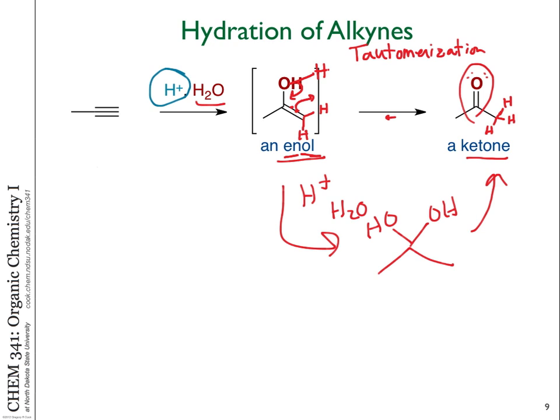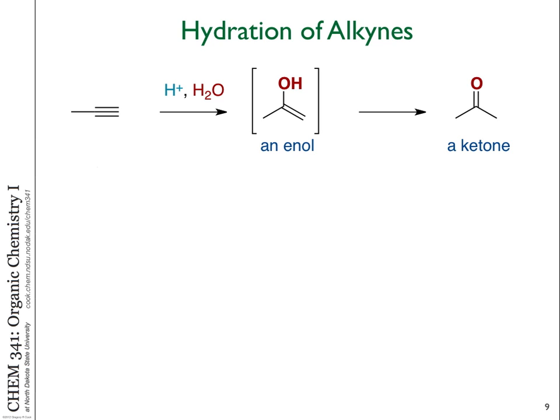That's actually really good. It is selective. The more substituted carbon of a triple bond is where the CO double bond ends up. It's a little more difficult and less selective if we have an unsymmetric alkyne. So for example, if we have this, and it's not a symmetric substitution on both sides, and you do this reaction with the same conditions, some acid catalyst and water, you end up with a ketone on this carbon or the ketone on that carbon.